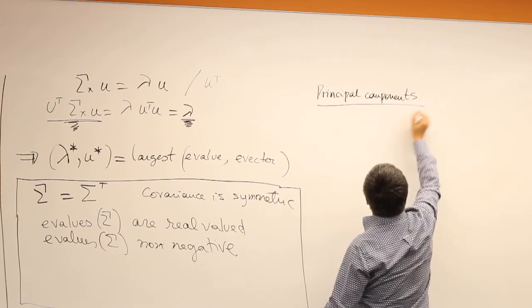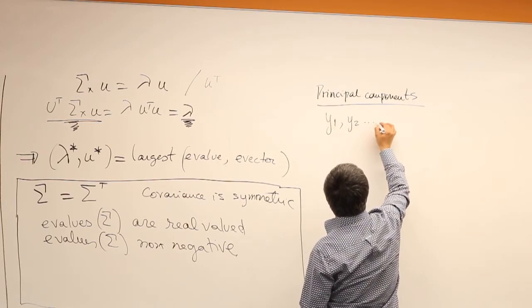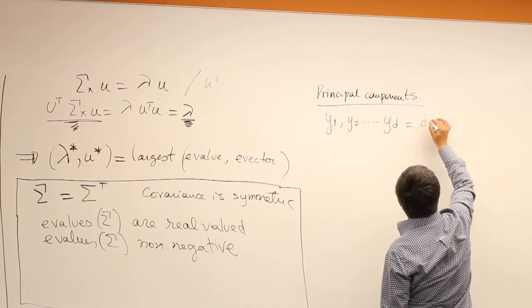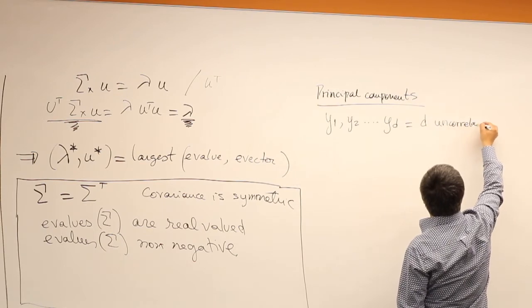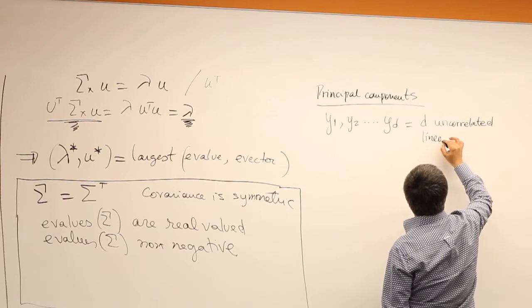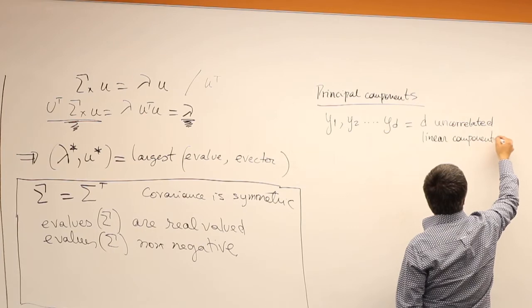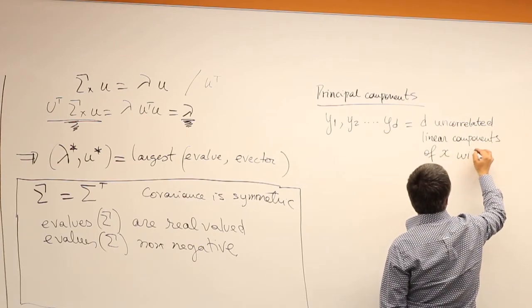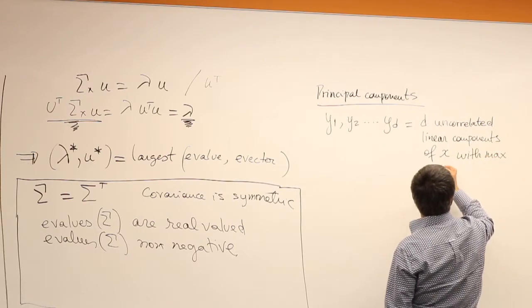So it's now going to be many of them, y sub 1, y sub 2, y sub d, equal to the d uncorrelated linear components of x with maximum variance.